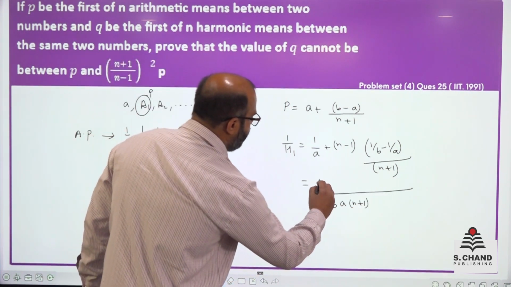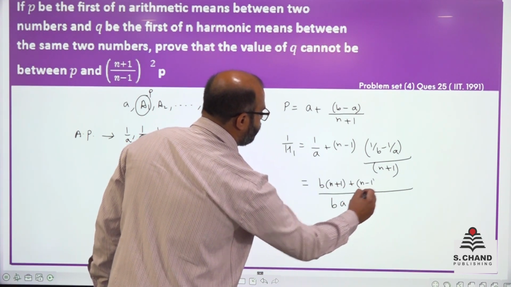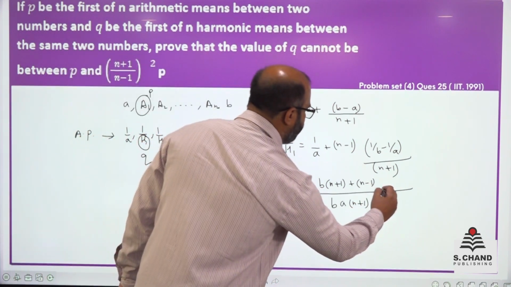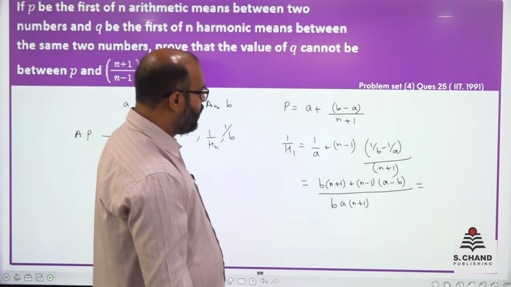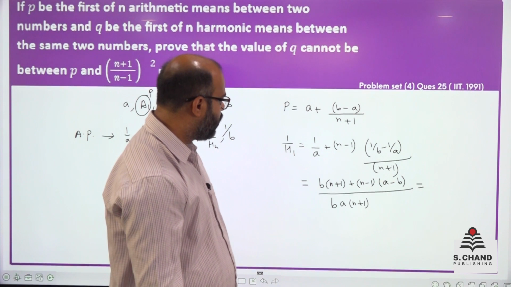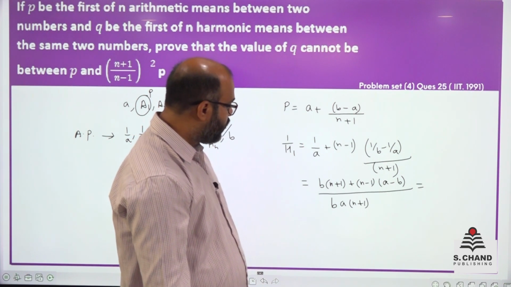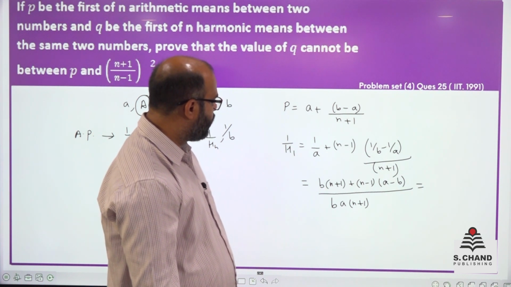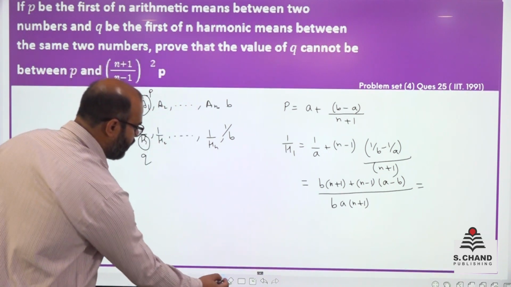So this will become B(n+1) plus n minus 1, and this will become A minus B. Sorry, there is one error which I have made.